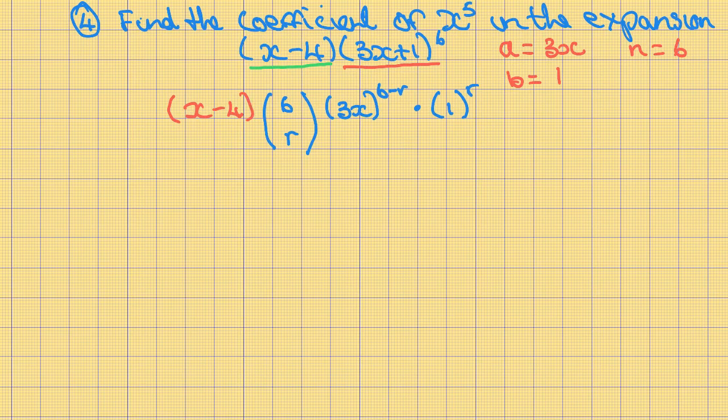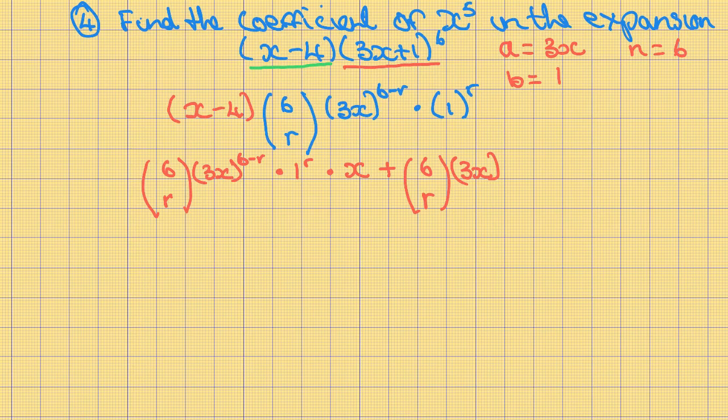So we get 6 choose r, (3x) to the power of 6 minus r times 1 to the power of r times x, plus 6 choose r, (3x) to the power of 6 minus r times minus 4.